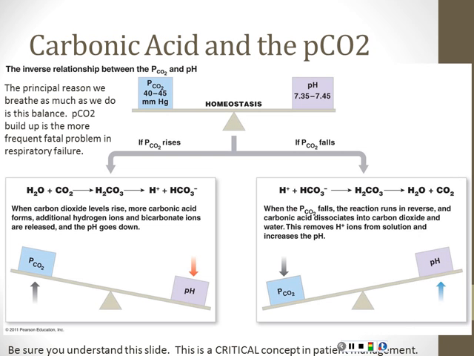All right, we touched on this a little bit when we talked about the respiratory system, but the relationship between CO2 and pH is a critical one in the body.